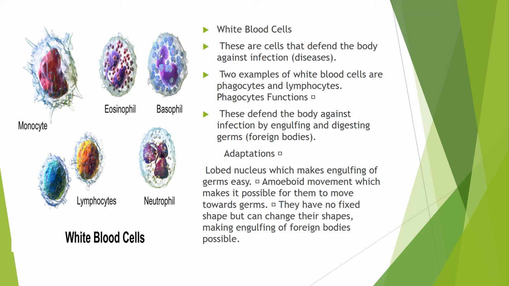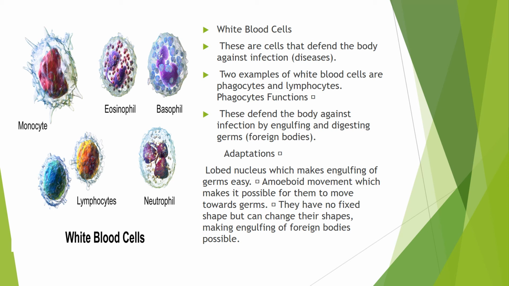I'm sure you can see that their nucleus is not solid and circular. They are lobed, right? They are also able to move towards germs. They have no fixed shape. They change shape depending on the type of bacteria or organism they are fighting, right?